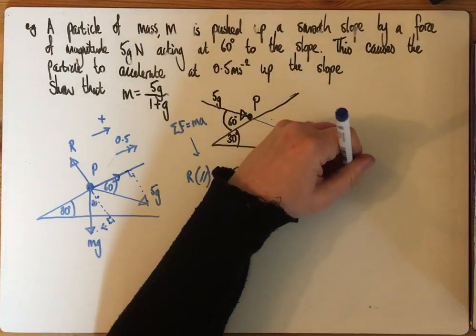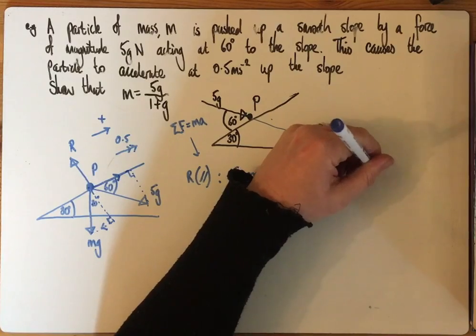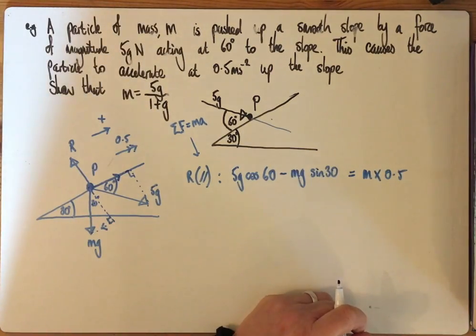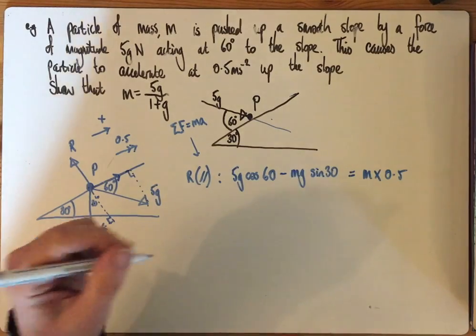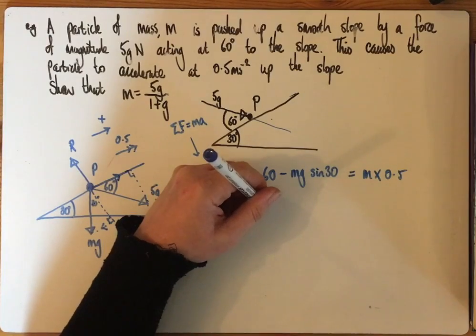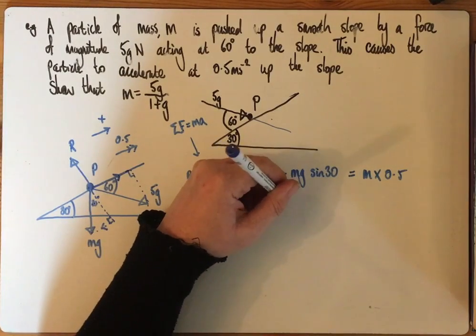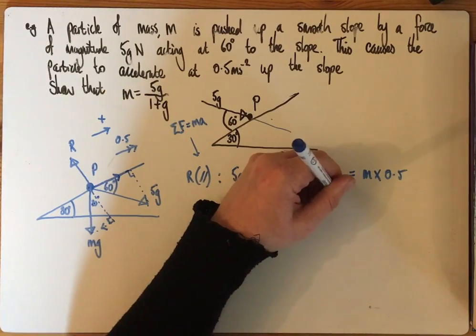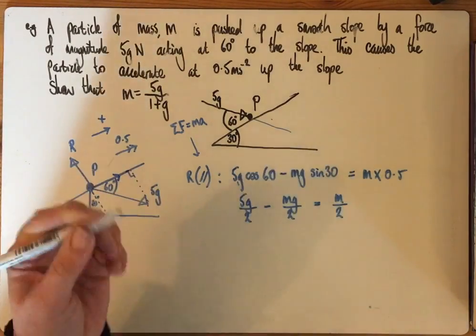And that's equal to the mass times the acceleration, which is 0.5. Tidying that up, we get 5g over 2 minus mg over 2 is equal to m times a half, which is m over 2.